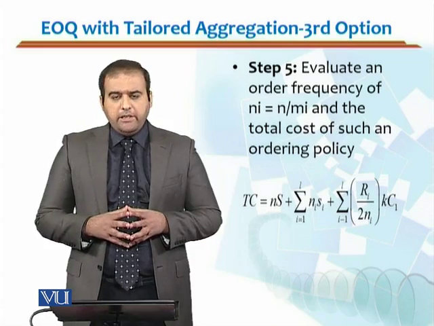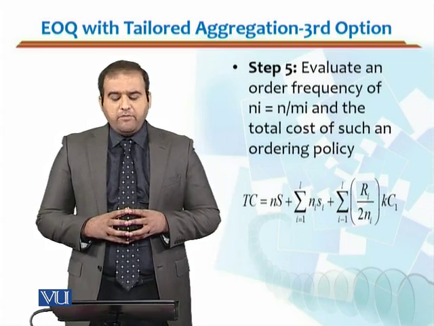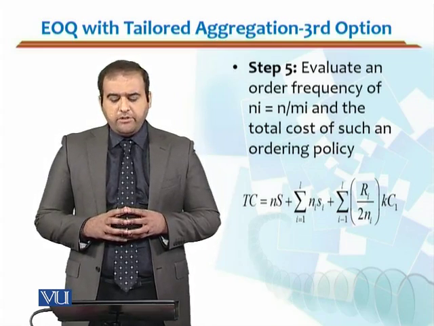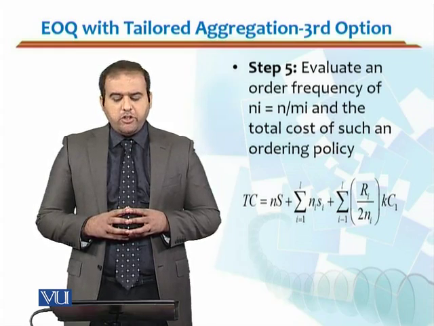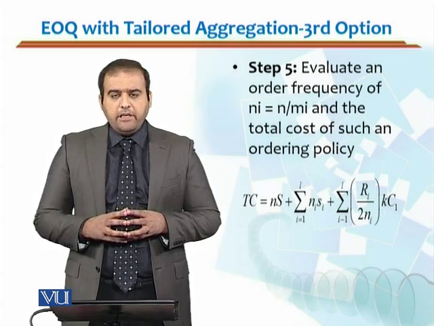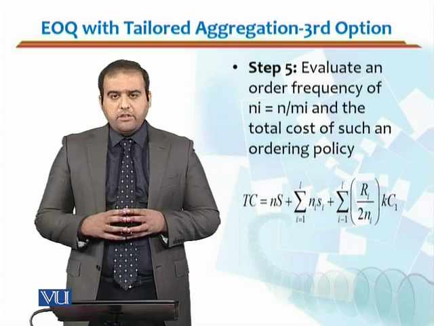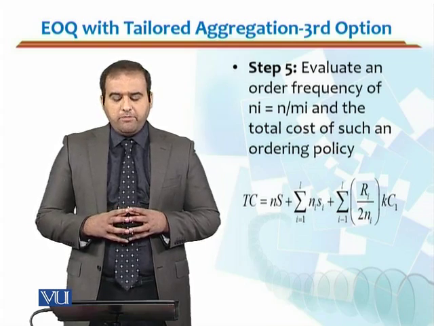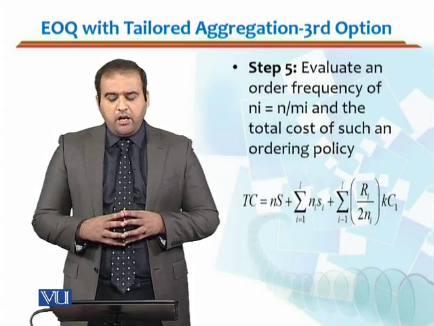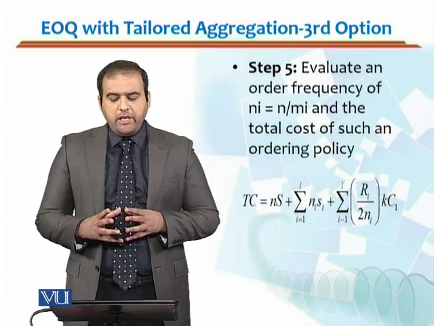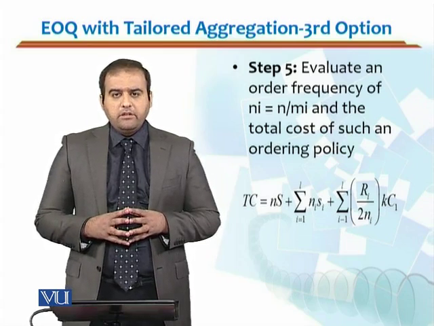If you can recall, that would be the ordering frequency N into S, the first part, which represents the ordering cost, plus the summation of NiSi, that is the transportation cost for all the products, plus the sum of Ri over 2N into Kc, that is the total holding cost factor here.